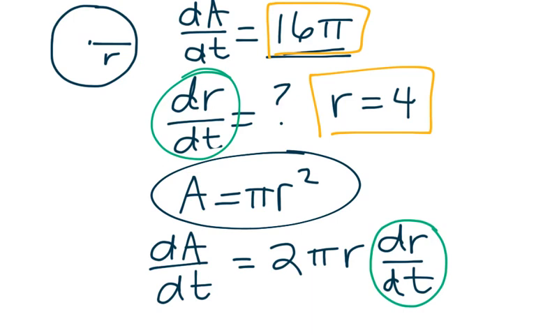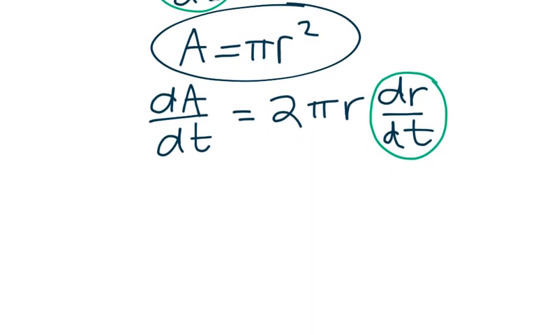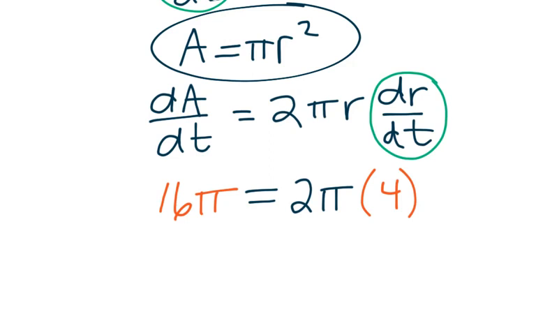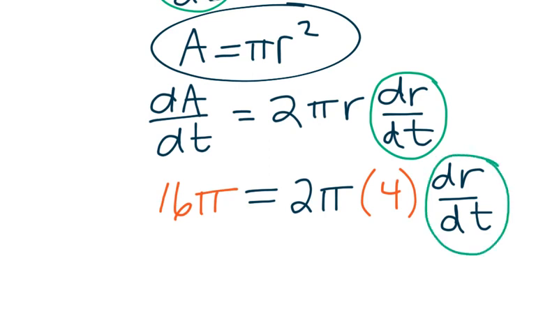So let's do that. So dA/dt, 16 pi, is equal to 2 pi, and then my r at this moment in time, 4, and then dr/dt. So remember, we're trying to find dr/dt.